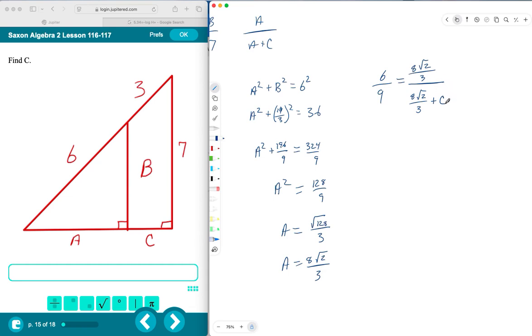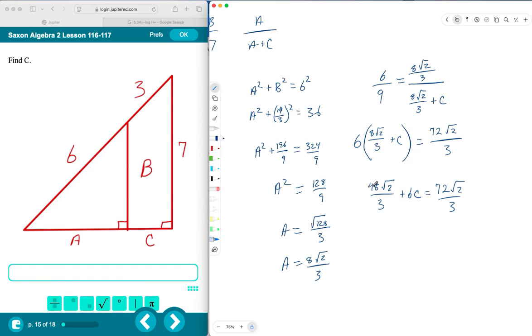Don't let that stress you out. We're just going to cross multiply like we always do. 6 times 8 times the square root of 2 over 3 plus C is equal to 9 times 8, that's 72 times the square root of 2 over 3. All right, 6 times 8, that's going to be 48 times the square root of 2 over 3 plus 6C is equal to 72 times the square root of 2 over 3.